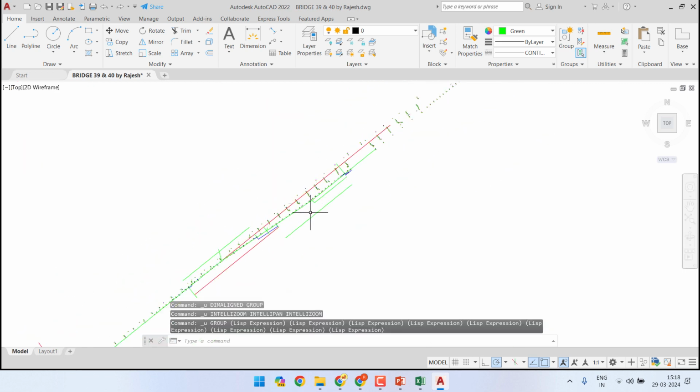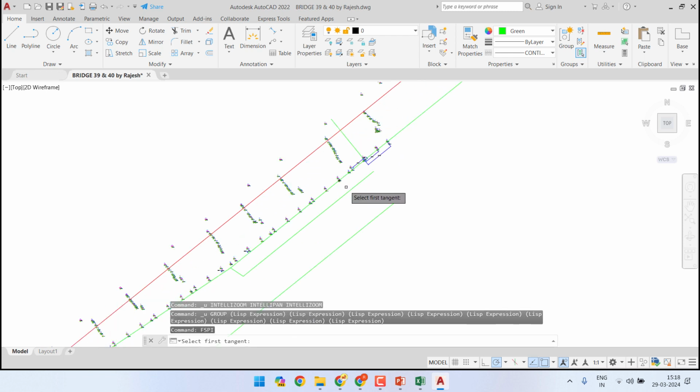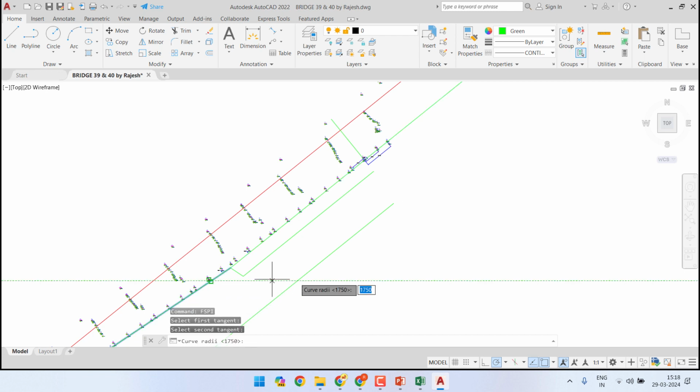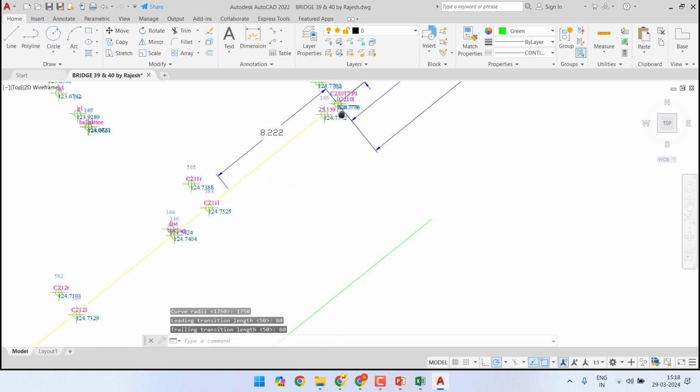Alright, let us again try. We will again run the fspi command. We will select the first transition, second transition, curve radii 1750, enter, transition length we will use 60 and 60, and here we go.